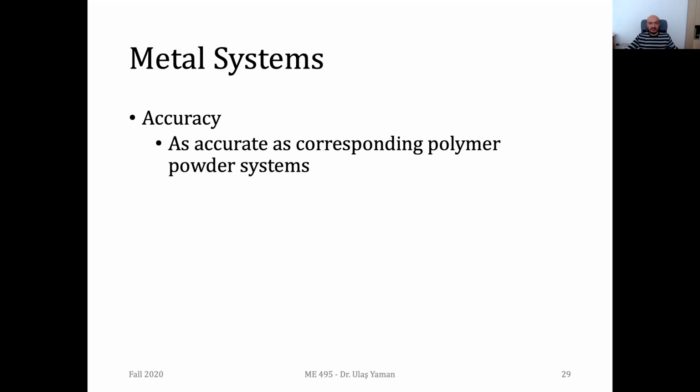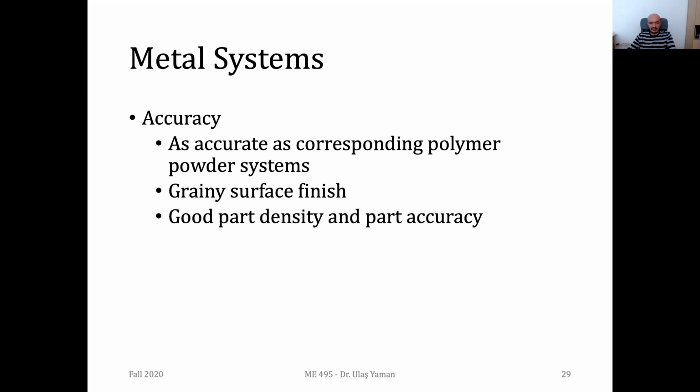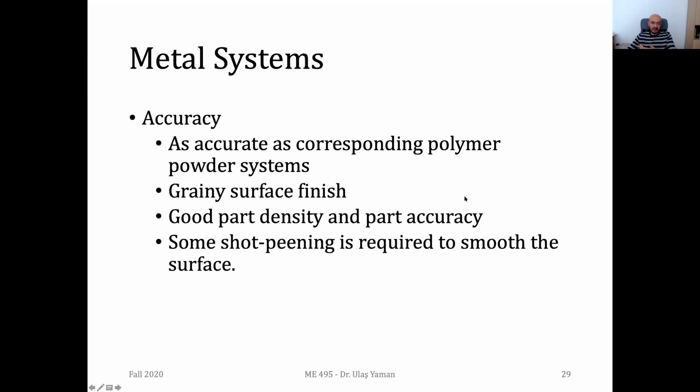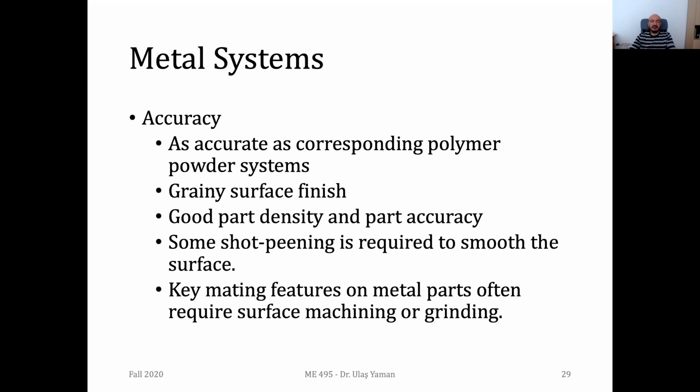If it's an important issue, if you want to have very low surface roughness values, then you need to do some extra processing to have good part density and part accuracy. So you may do machining or shot peening. Again, it depends on the application you are going to use that part for.